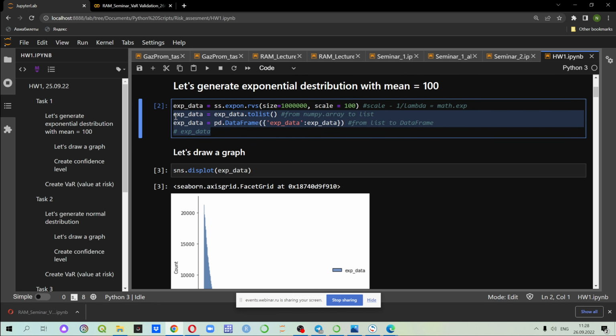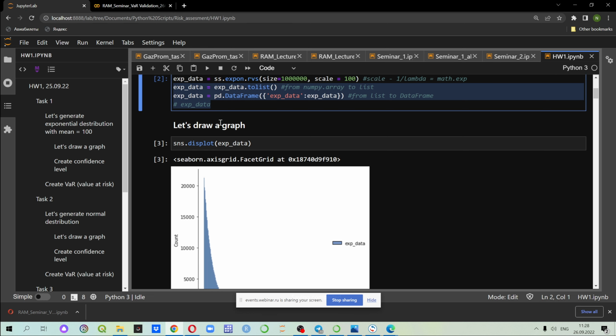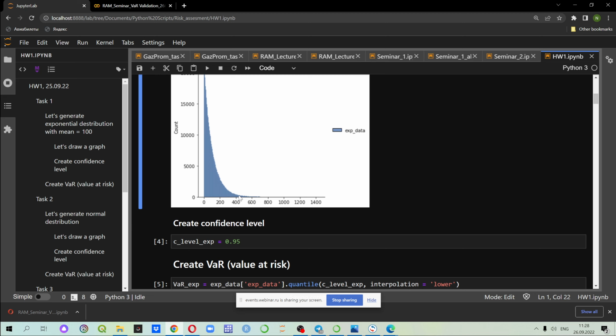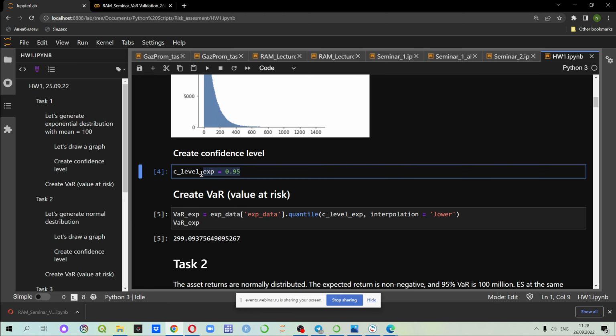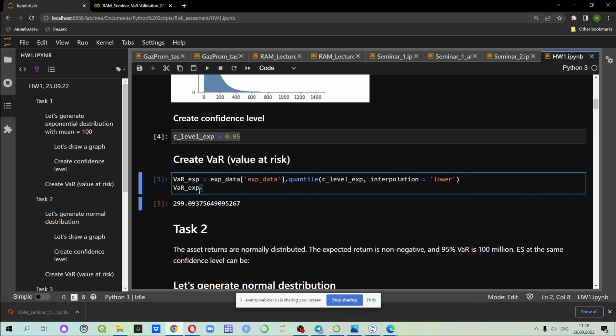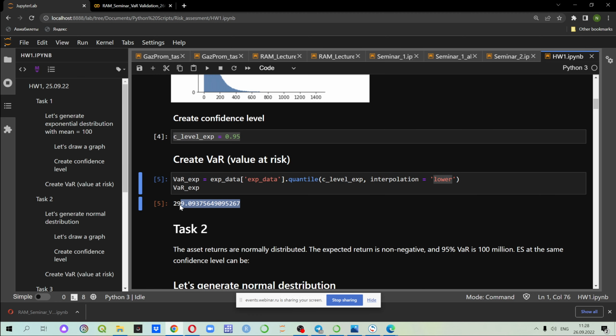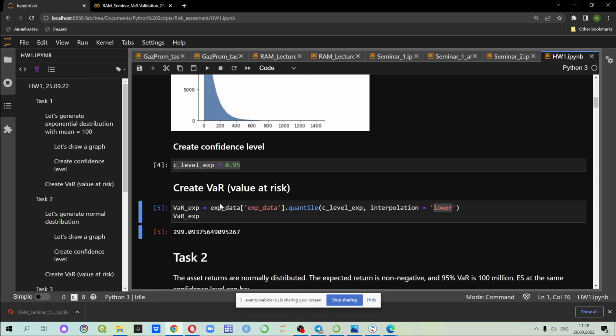I drew a histogram and put a confidence level, and after that I created a VaR as we discussed in our class, and used the interpolation lower. The result is approximately 300. If I relaunch it, it will not be the same, but around that.